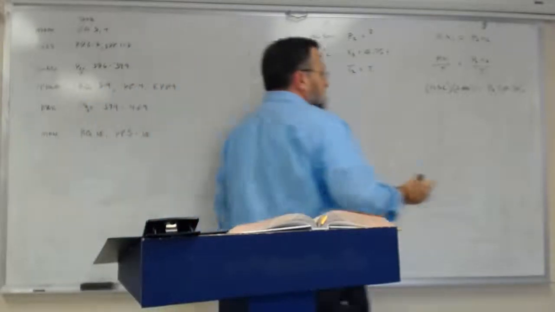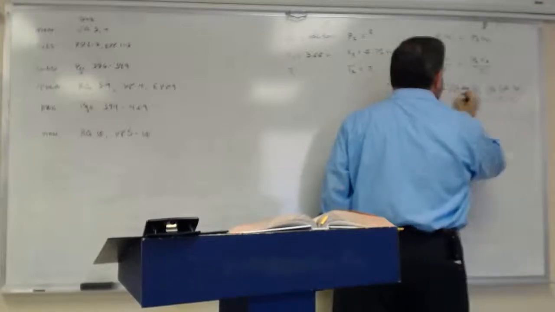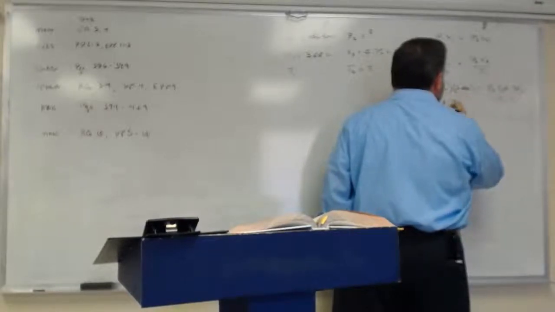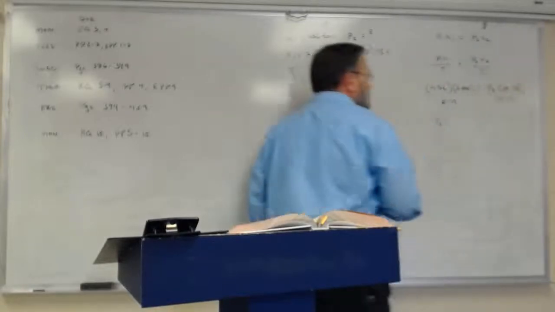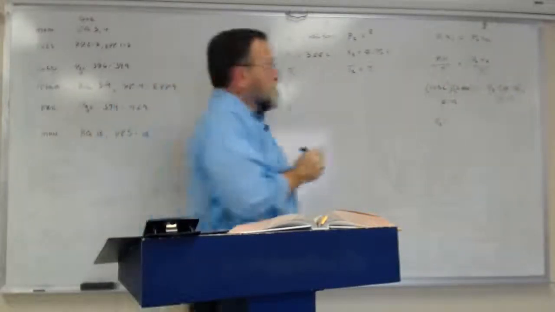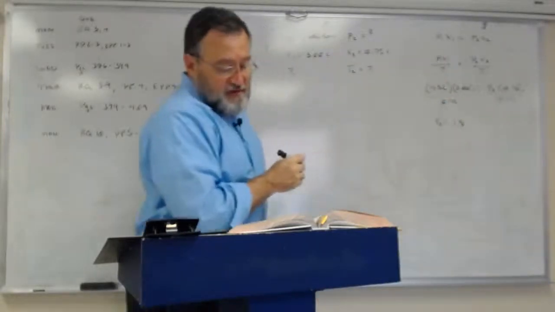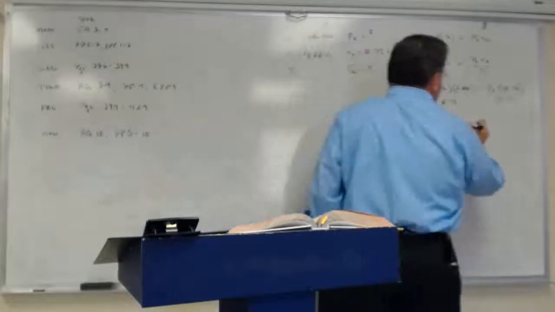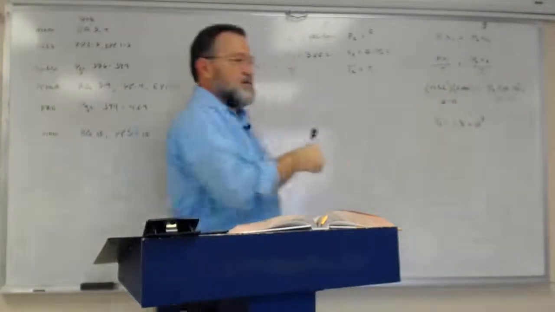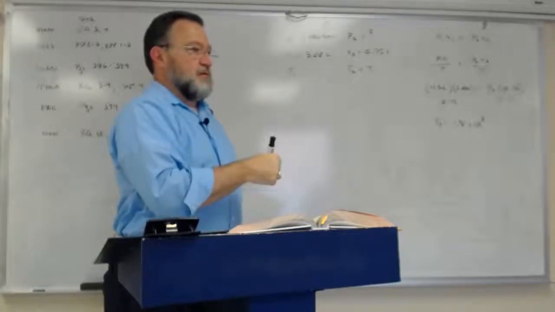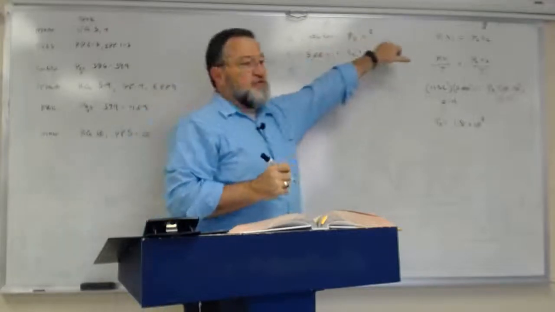So solving for P2, the book says 1.8 times 10 to the third. What would my units be? What's my pressure units here? Because they were in torr, my answer is in torr.